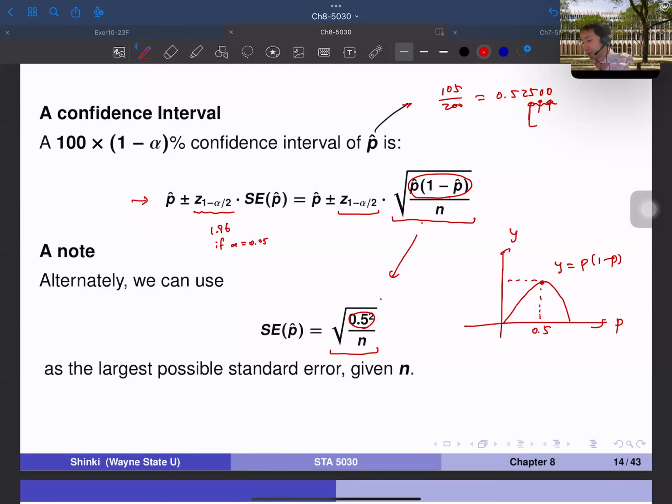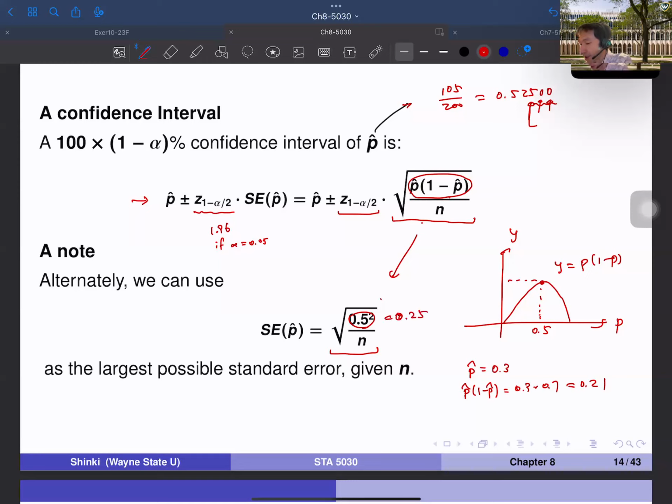And that isn't really much different from this, but slightly larger. So then we are more assured that this confidence interval covers 95% of the time. Suppose that p hat is equal to 0.3, for example. Then p hat times 1 minus p hat is 0.3 times 0.7, 0.21. It's not much different from 0.25, right?